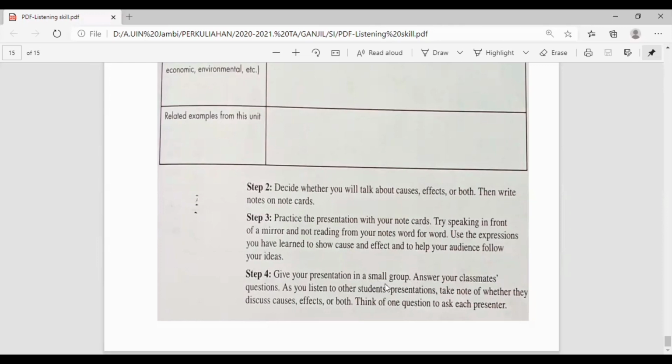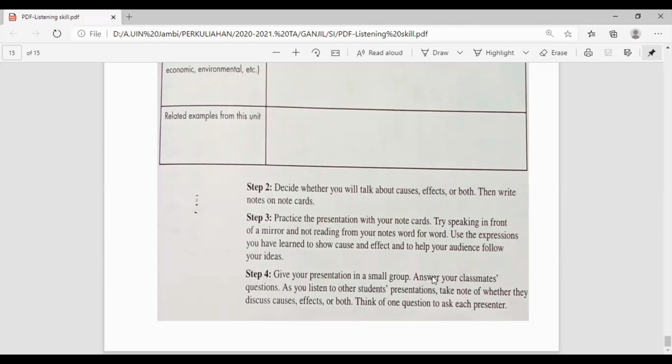Because of the pandemic, when it is in the class, you should do it one by one in the class. I'm going to divide you into groups, but because of this pandemic situation, you can do it in a video.